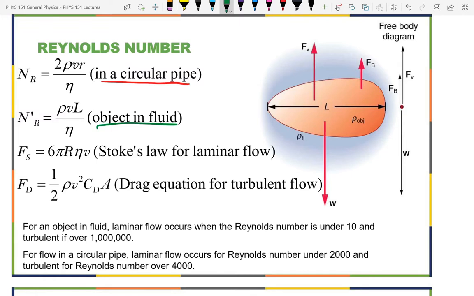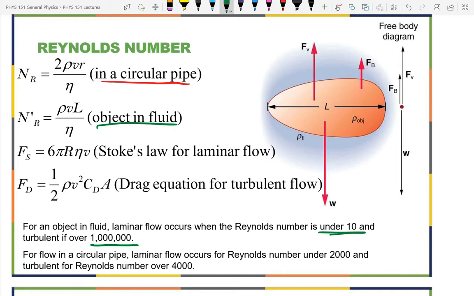And then divided by the viscosity of the fluid. So it's a different calculation to get the Reynolds number here, and it has a different meaning. If the Reynolds number is under 10, then we'll have laminar flow. And if it's over 1,000,000, we'll have turbulent flow. A really, really broad range where we're just not so sure.